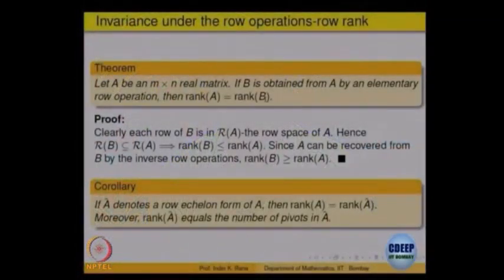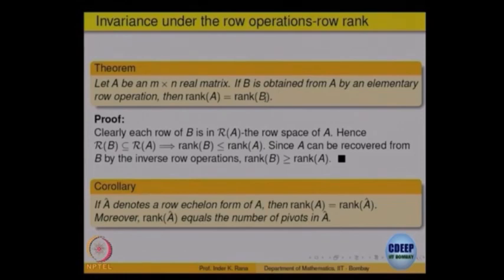Okay. So, this is the fact that if you take a matrix A and take its row echelon form, then you get non-zero rows. The row space of A is the same as the row space of the row echelon form, and in the row echelon form the non-zero rows, the vectors, are all linearly independent, and the bottom rows are 0.